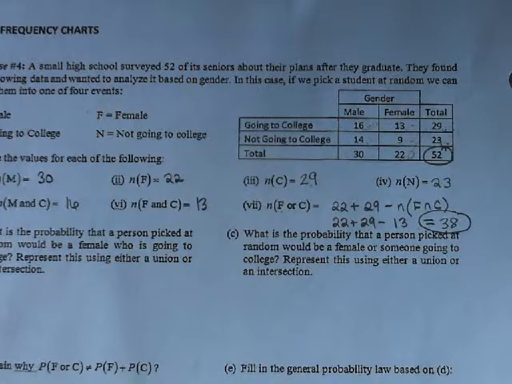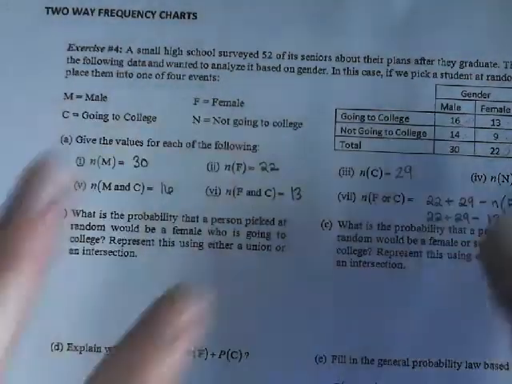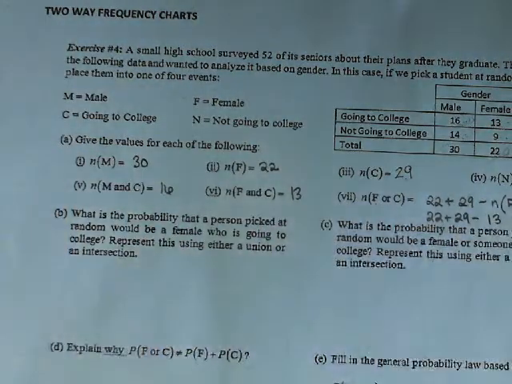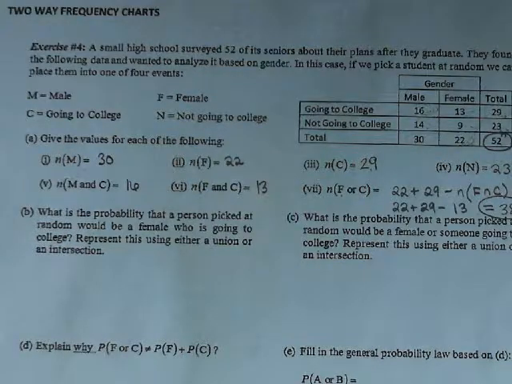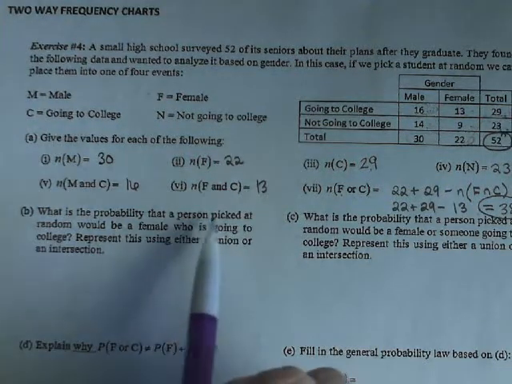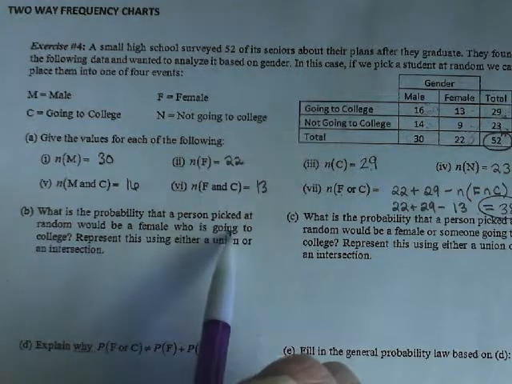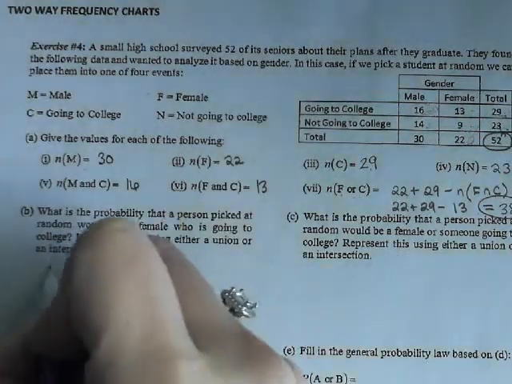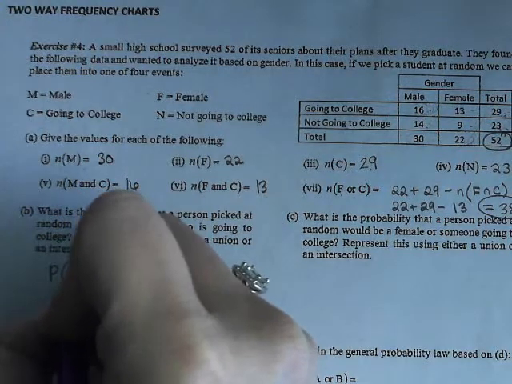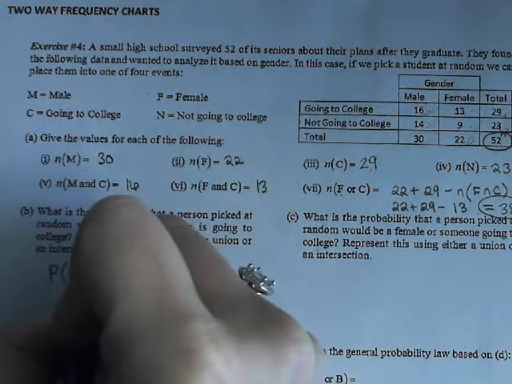So now, with the frequency, that's just giving you the basics of a frequency chart. We're going to be asked a lot about probability and the information we're going to have to extract from a chart. So what is the probability that a person picked at random would be a female who is going to college? So we want the probability of being a female and going to college.